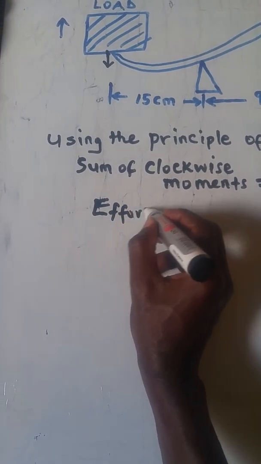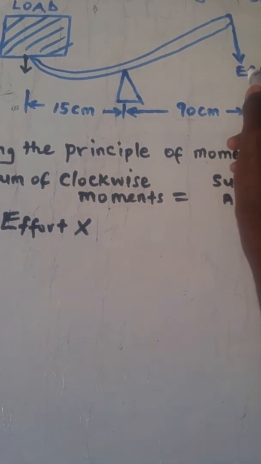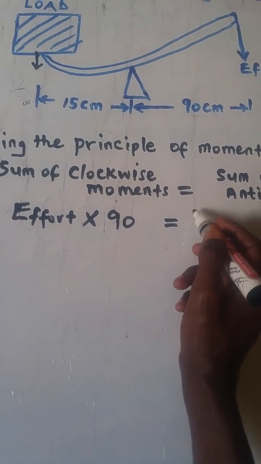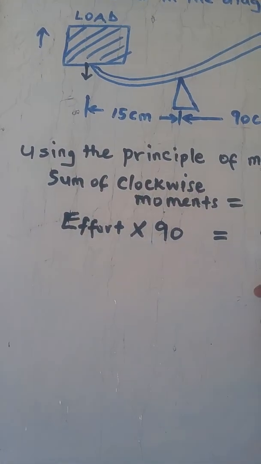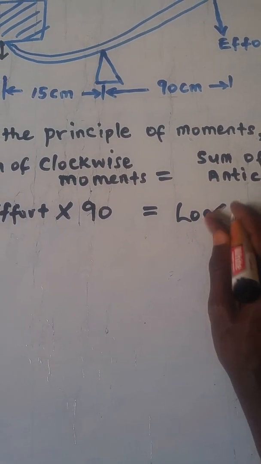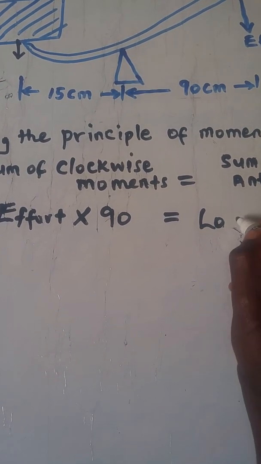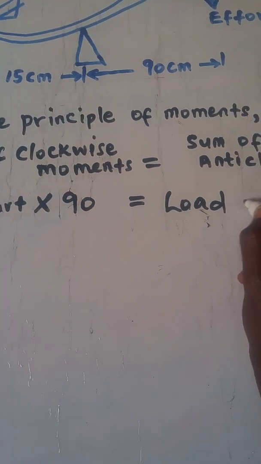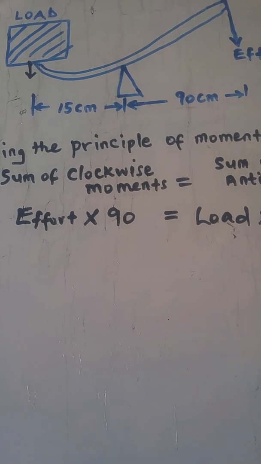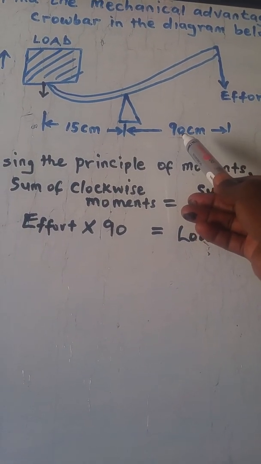The effort times the effort distance, which is what? On the side of the effort is 90 centimeters. Then on the side, the anti-clockwise is the load, the load times the distance on the side of the load, which is what? 15. You see? So you simply get the effort times the distance, 90.